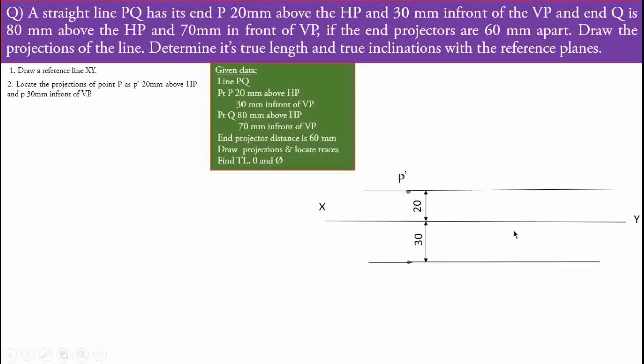Remember one thing: after completing our diagram, we have to observe that all the horizontal lines should be parallel to each other, and all the vertical lines should be parallel to each other and perpendicular to the reference line.